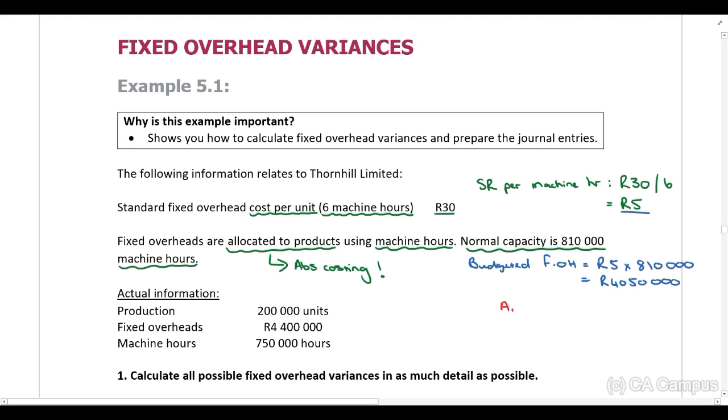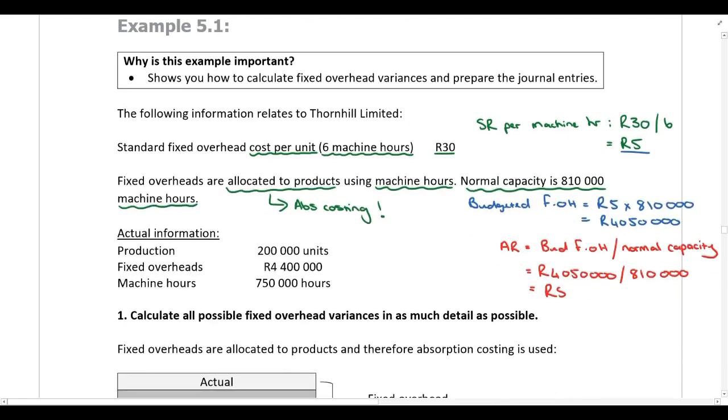How do we calculate our fixed overhead allocation rate? We take the budgeted fixed overhead and we divide by normal capacity. That's to comply with IAS 2. So, we calculated that the budgeted cost is 4,050,000, and we were told that normal capacity is 810,000 machine hours, so that gives us an allocation rate of 5 Rand per machine hour.